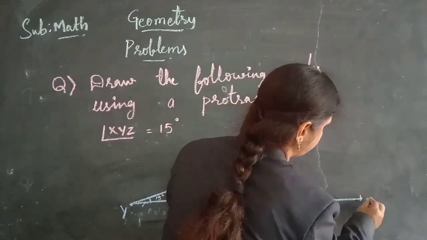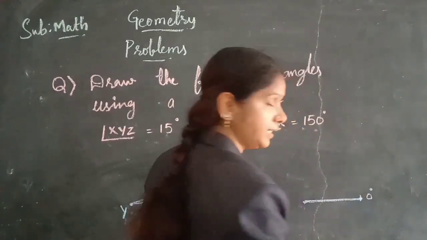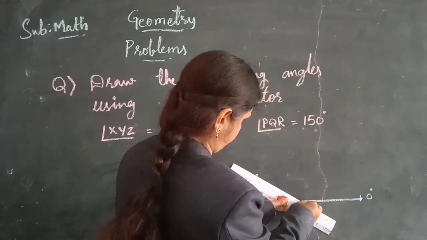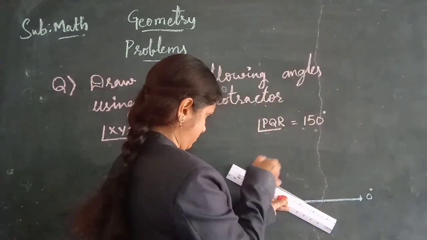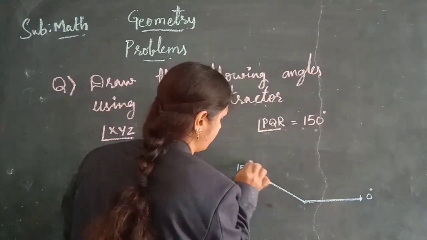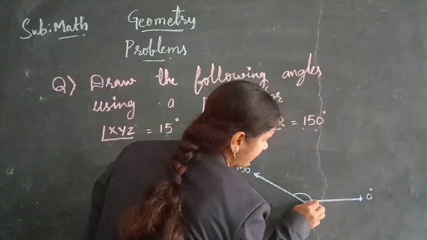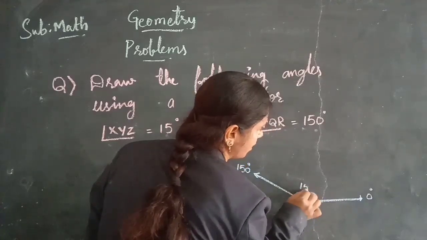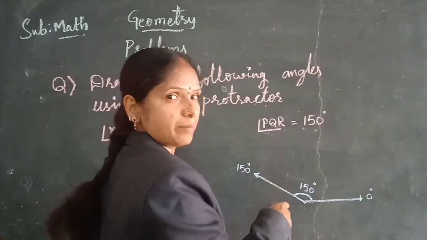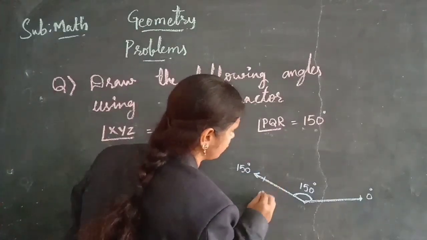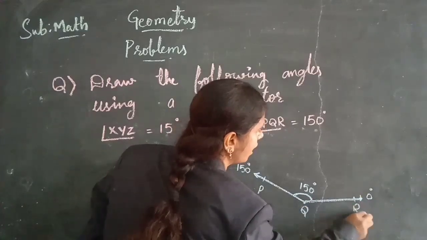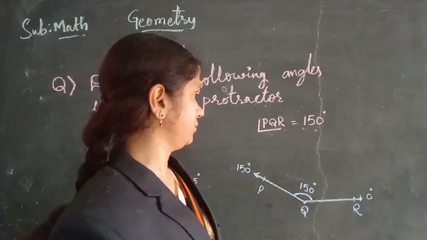Zero degrees, initial ray, terminal ray 150 degrees. So the angle that lies between these two rays is 150 degrees. And here we are marking it as PQR. So here P, and the main point is Q, and here R. PQR.